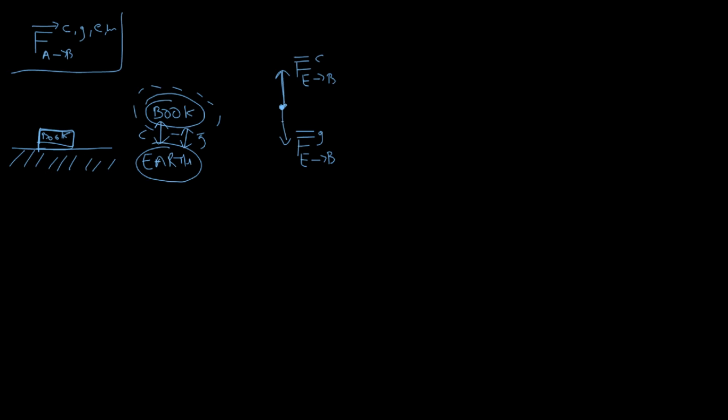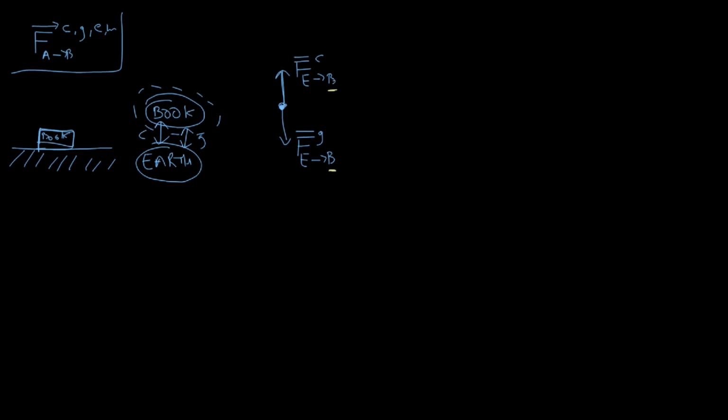Okay, now note a few important points. Both of these forces are exerted on the book. So you can see here that this is B, this is also B, and the reason is that the system is the book.